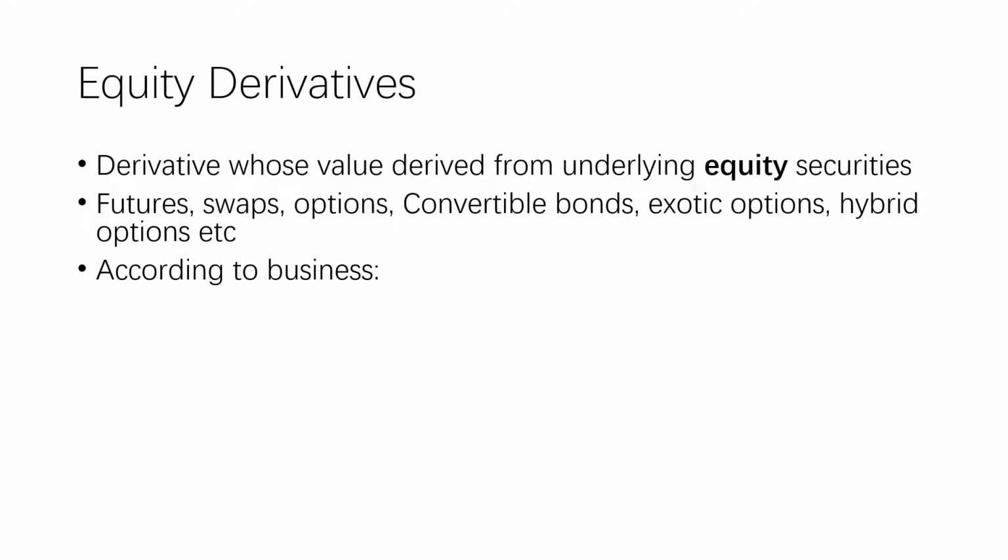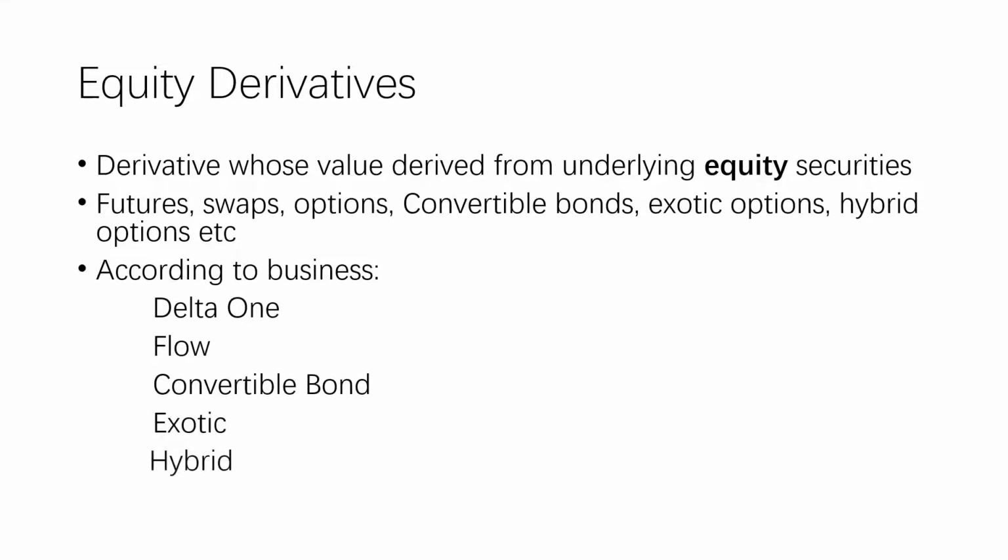In the bank, generally, these products are classified according to the business. Different desks manage different types of equity derivatives, for example, Delta One, flow, convertible bond, exotic, and hybrid.